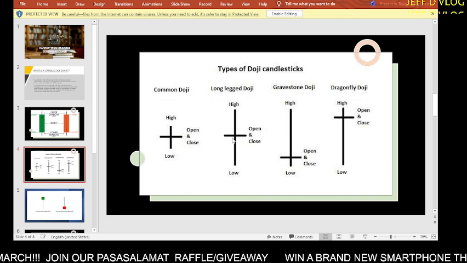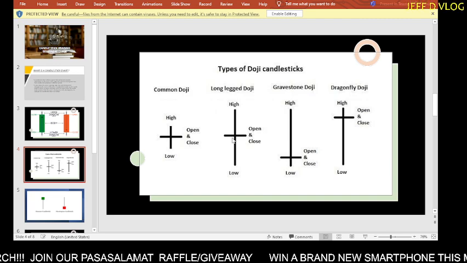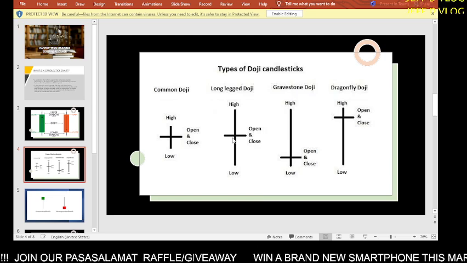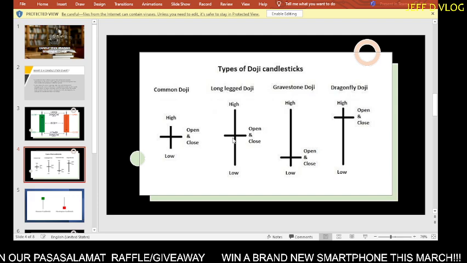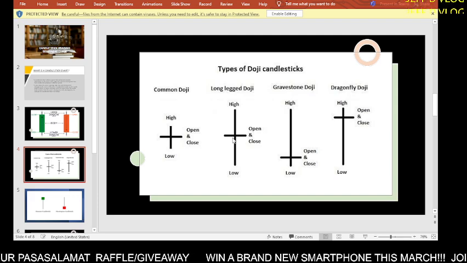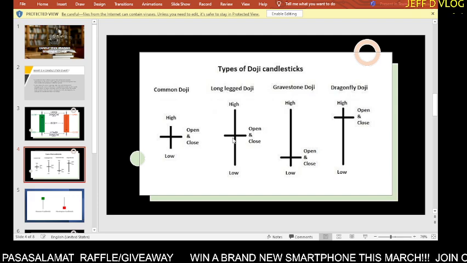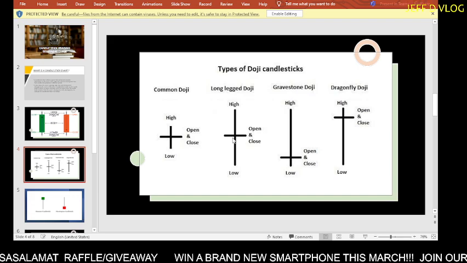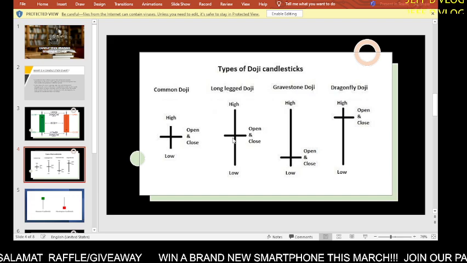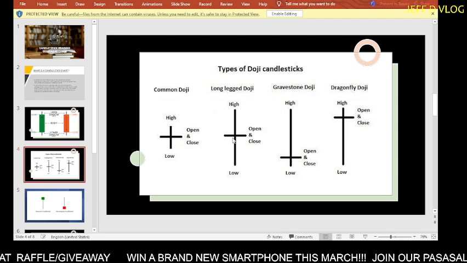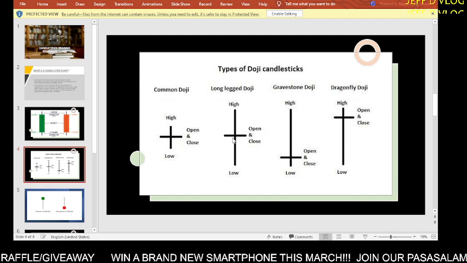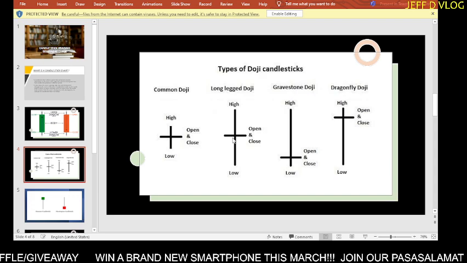It can go bullish, or it can be bearish. That's why this long-legged Doji is really an equalizer. You don't know, it's uncertain. So you need to be cautious if you have this long-legged Doji on the trading chart, because it's important.